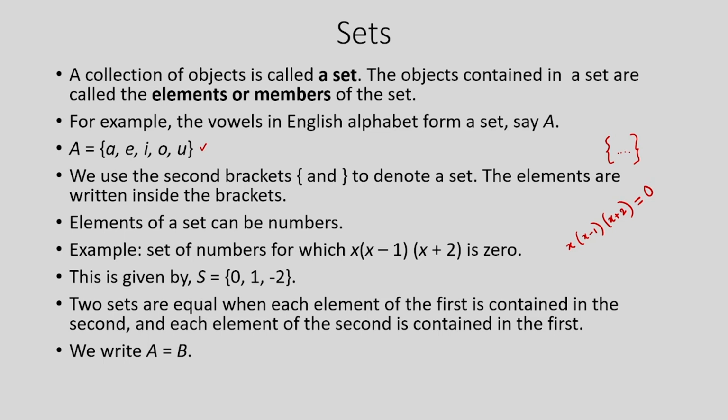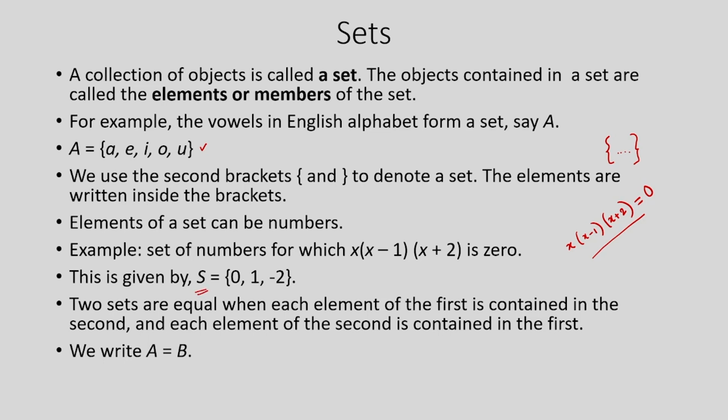So here x is a variable, and for certain values of x only this equation will be satisfied. If you take any arbitrary value of x, it is not necessary that this equation will be satisfied. So in this case only those numbers for which this equation is satisfied could be the members of a particular set. Here that set is denoted by capital S.